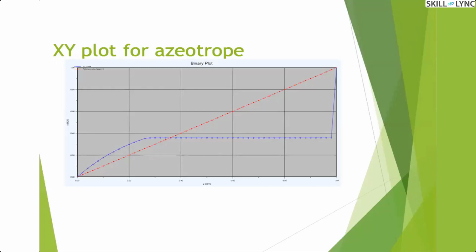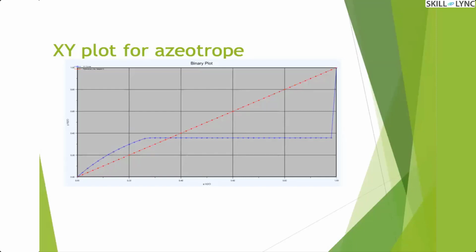So for you to know whether your component system is going to form azeotropes or not, you should first plot this XY and PXY, TXY plot, look at those plots, and then only you can decide whether there is any azeotropic formation or not. Based on the TXY plot, you can determine whether it is a minimum boiling azeotrope or a maximum boiling azeotrope. What is a minimum boiling azeotrope or maximum boiling azeotrope?